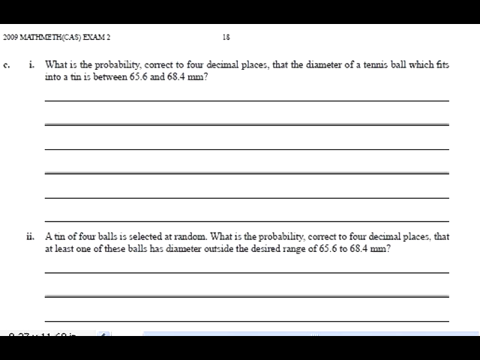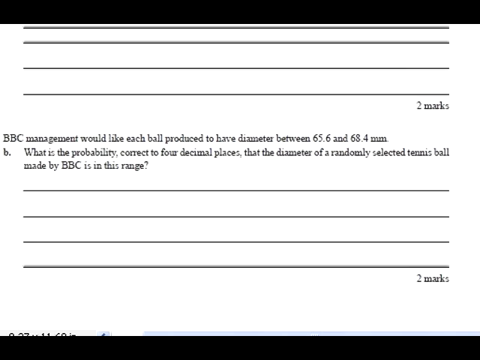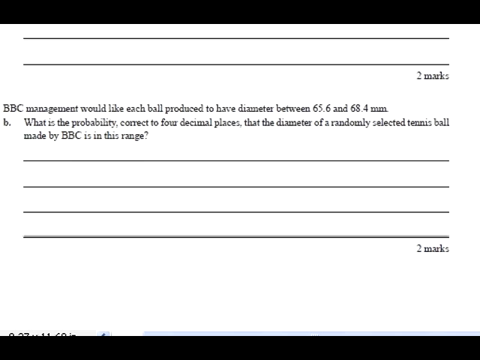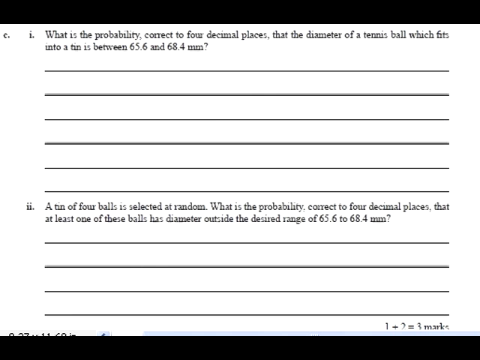Because it says, now what's the probability that the diameter of the tennis ball which fits into a tin is between 65.6 and 68.4? Part A talked about fitting into a tin. Part B talks about having balls between 65.6 and 68.4 millimeters. Part C says a combination of the two.